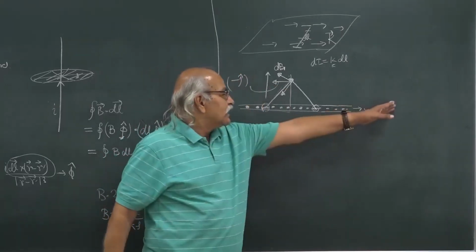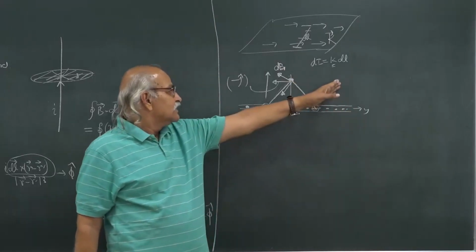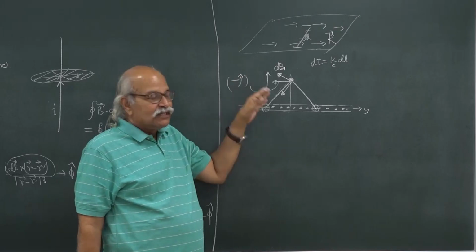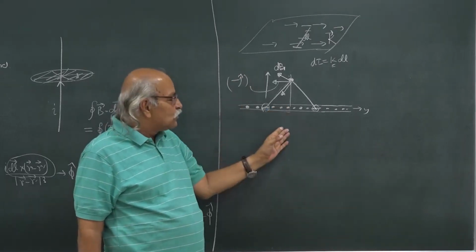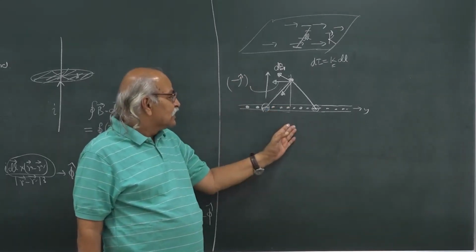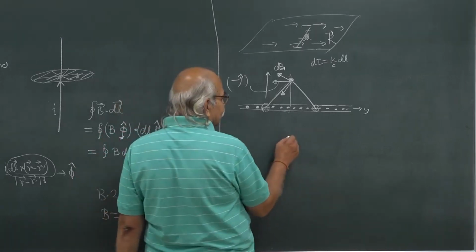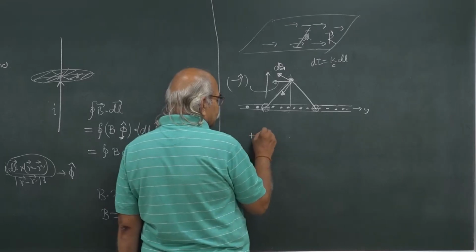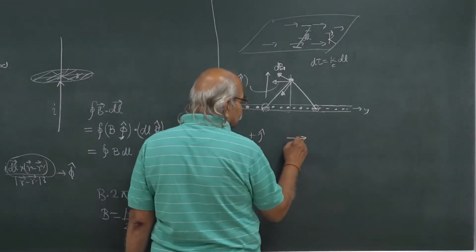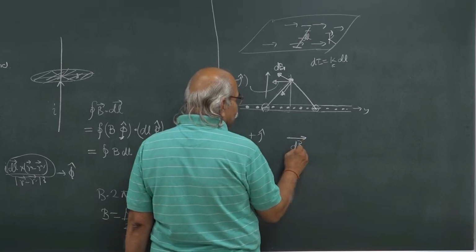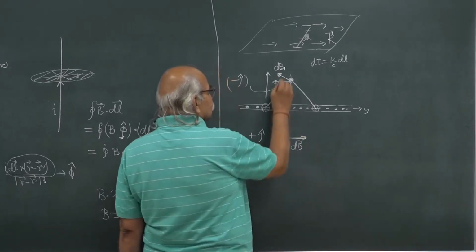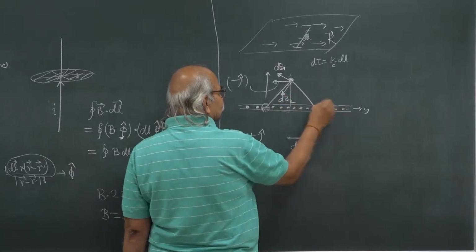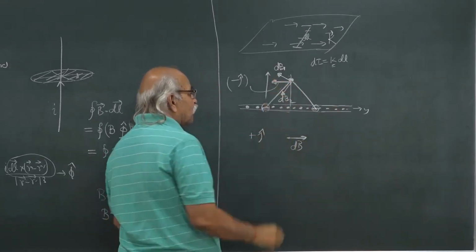This was the y axis, so this direction is j cap and this direction is minus j cap. Do a similar exercise for points below this, and there you find that the direction of the magnetic field will be plus j cap. This is because of this one and this is because of this one, and this is the resultant for these two.